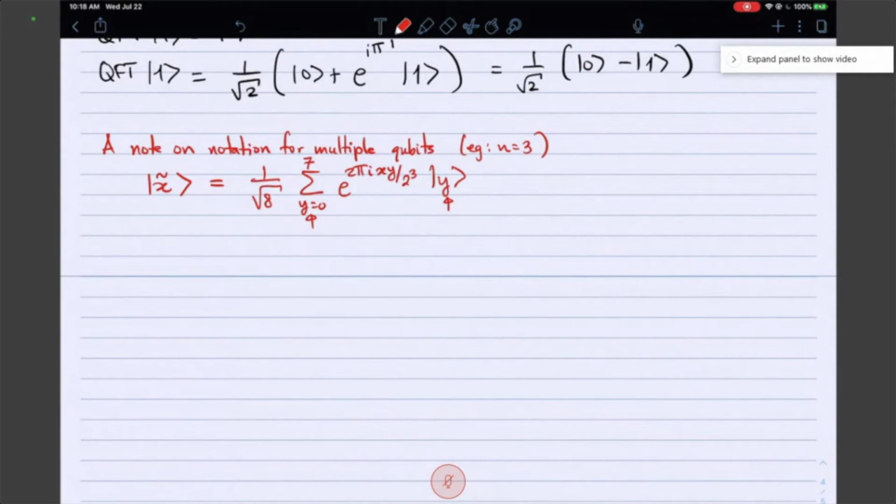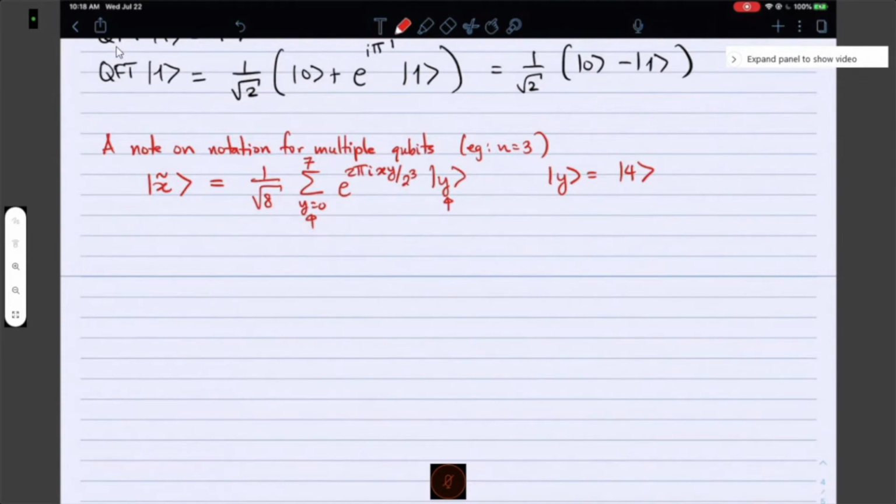Let's think about exactly what that means. If we say y is 4, first of all, this may not seem like a sensible thing to write, right? Because we've said y looks like things like zeros and ones: 0, 1, 0, 0, 1, 1, and so on. You're used to seeing states written down as zeros and ones. What does it mean to have a state like this?